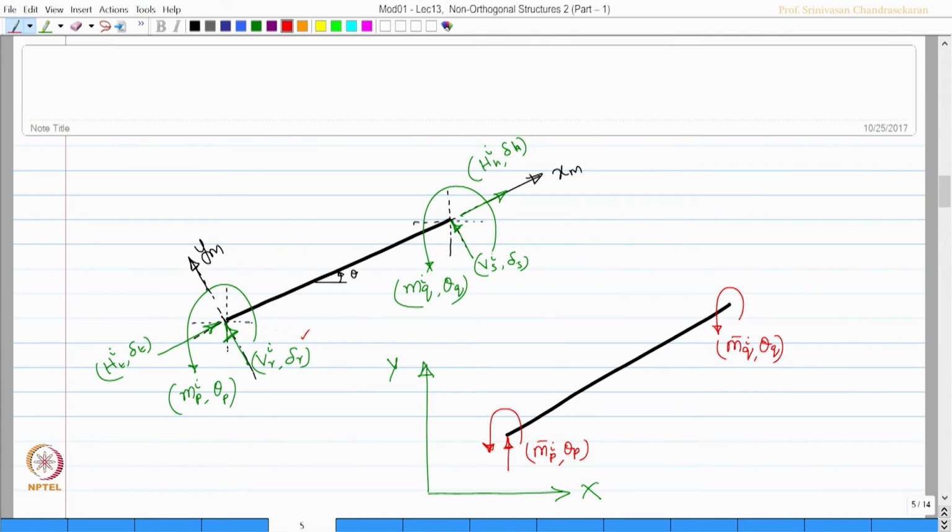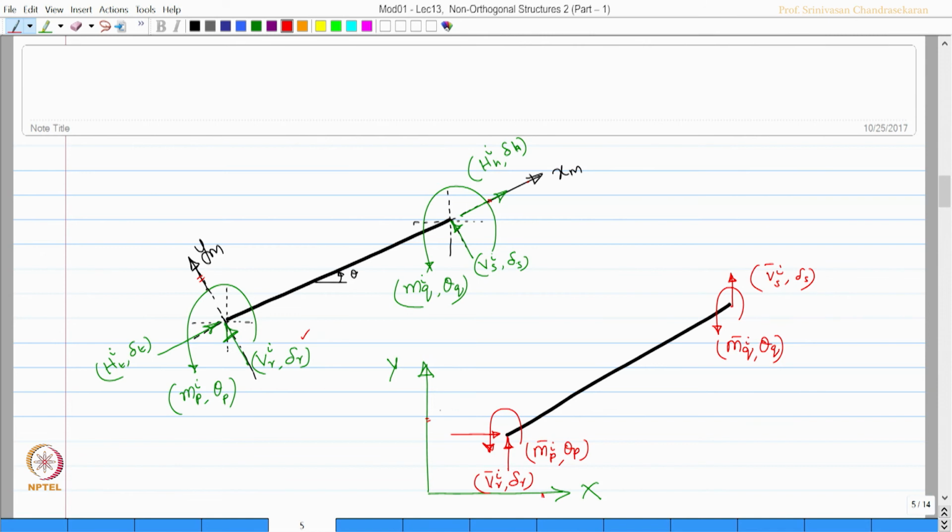This was parallel to y m, this is now parallel to y. Okay. This value is going to be V r bar delta r. Similarly, I mark it here. This is going to be V s bar delta s, and this reaction, which was parallel to x m, will be parallel to x.